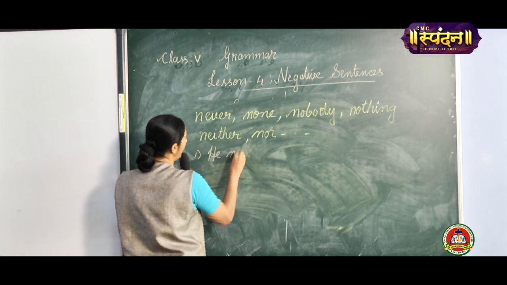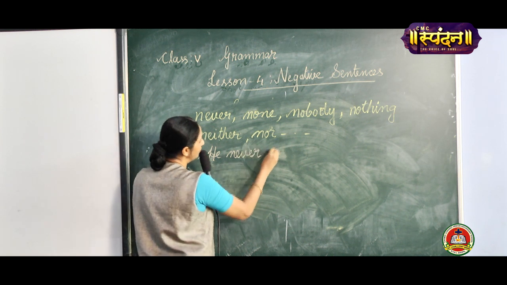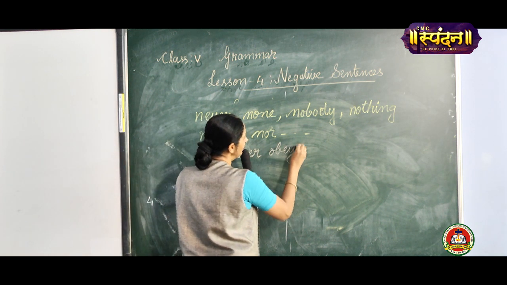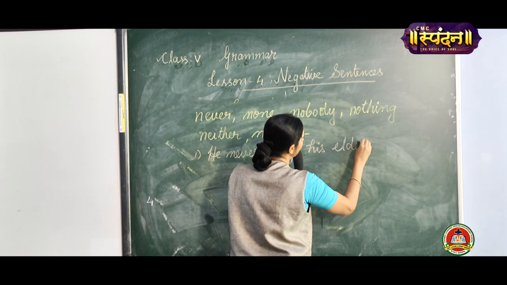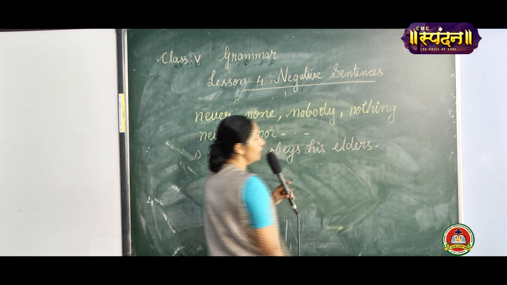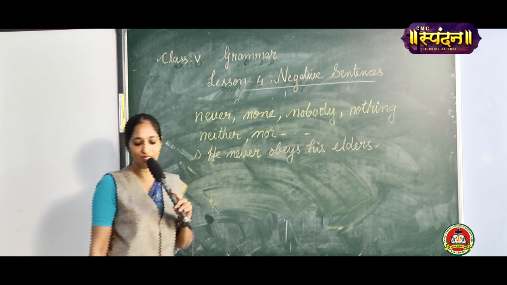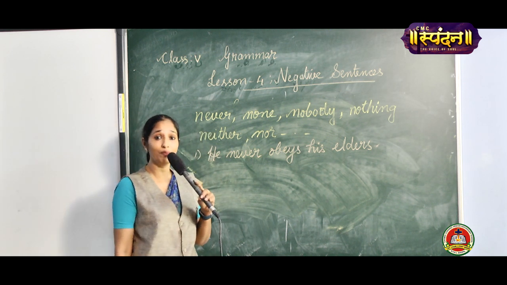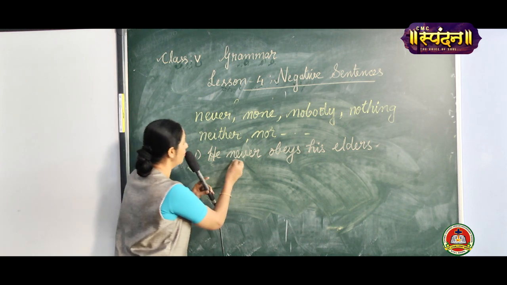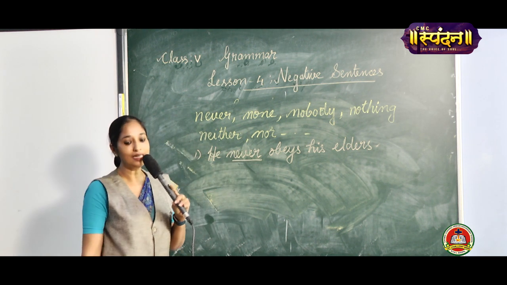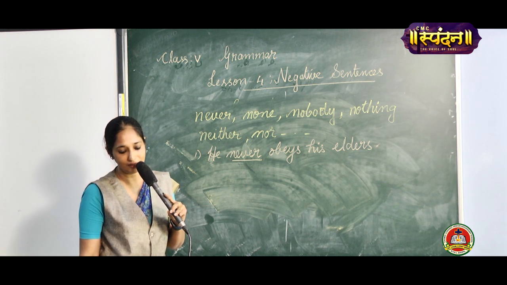He never obeys his elders. He obeys his elders is a positive sentence, or he always obeys his elders is a positive sentence. He never obeys his elders is a negative sentence.